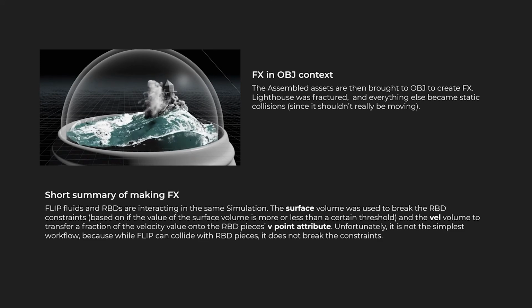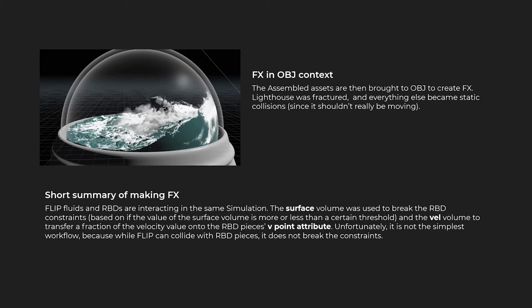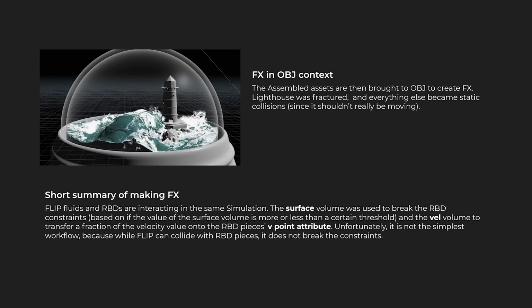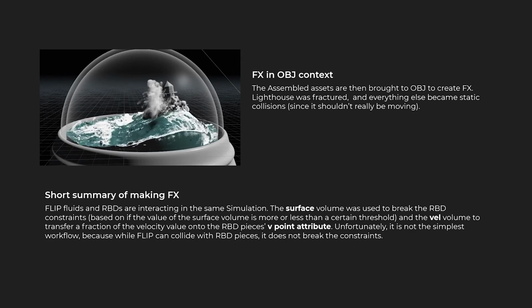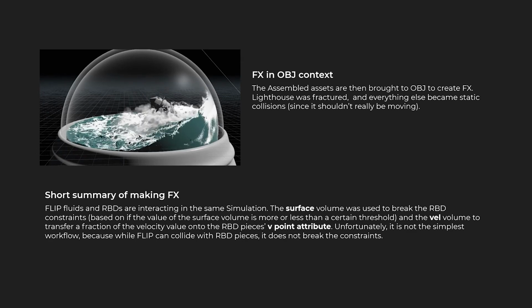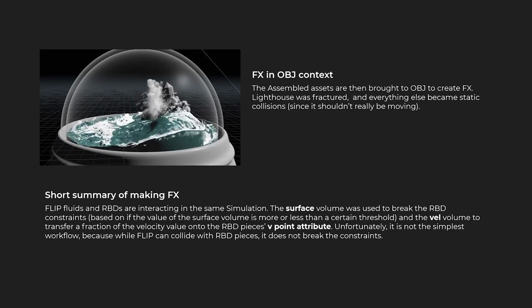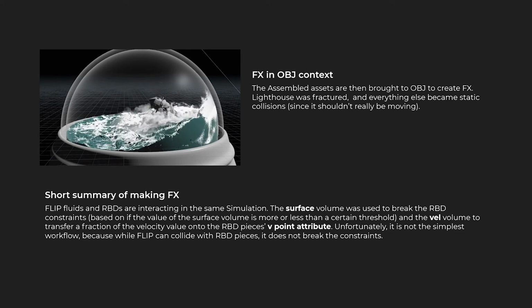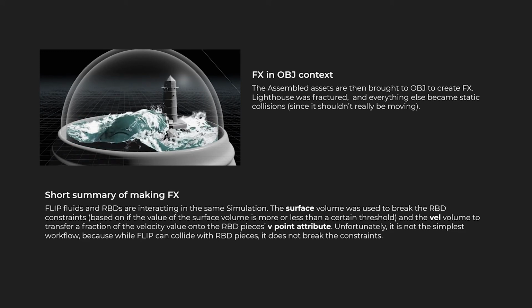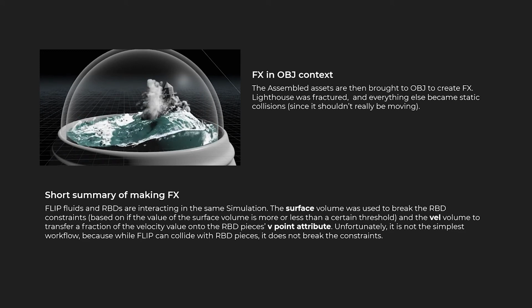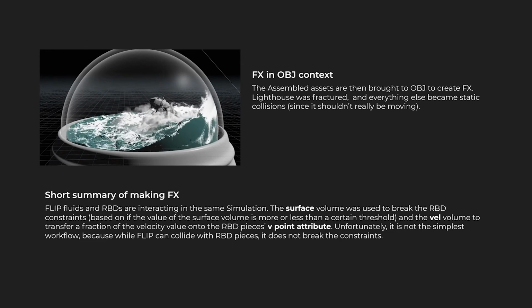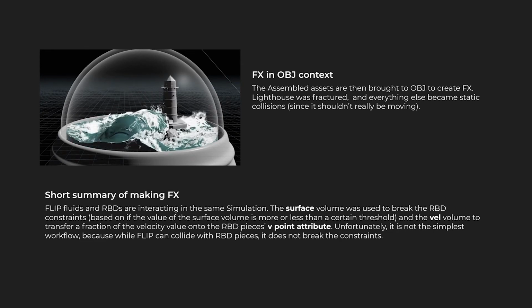And if it reaches a certain threshold, it'll break and it'll start getting pushed around by the velocity volume. But I'm only transferring a portion of the velocity attribute onto the RBD point, so that it'll collide first before it starts getting pushed by the velocity attribute.